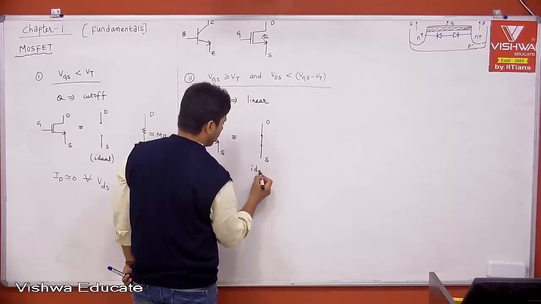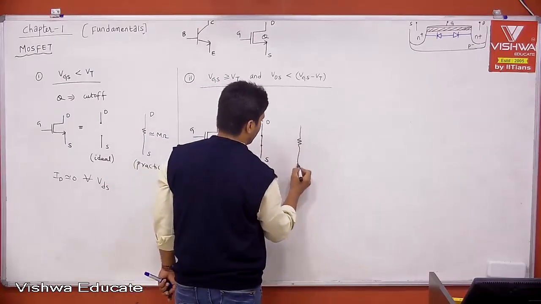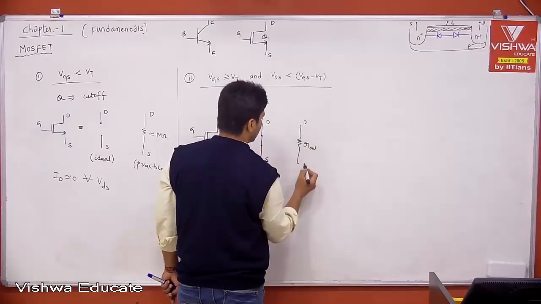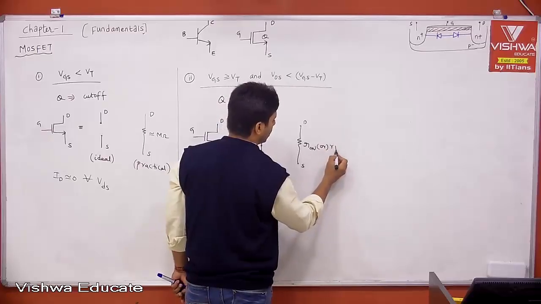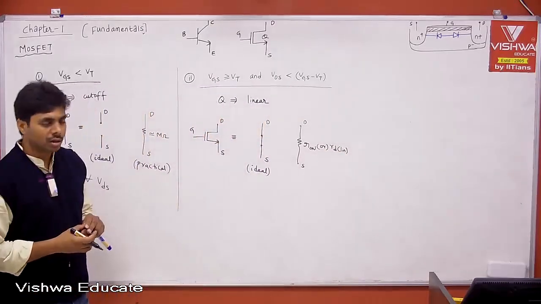This is the ideal model, but practically it will have some on resistance. Between drain and source, people call this RD, the drain resistance under linear region.